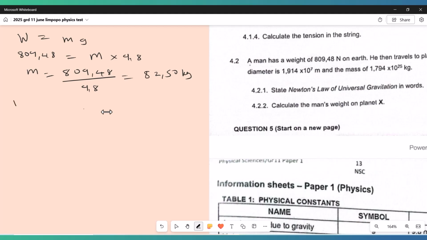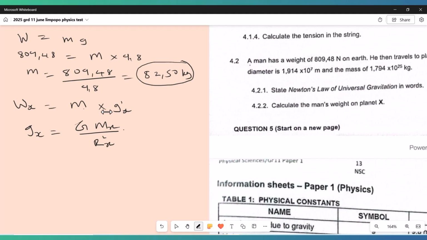Now I want the weight of the man on planet X. The weight of the man on planet X equals the mass of the man times gravity on planet X. The mass I noted here, so my task is to find the gravity on planet X. We know that the gravity of any planet is given by g planet equals the universal constant G times the mass of X, divided by the radius of planet X squared.